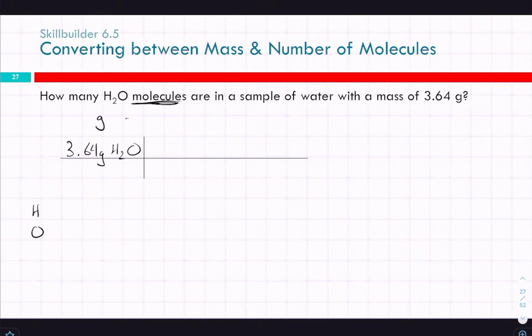Starting with grams, we'll go to moles using grams per mole. Then we can go from moles to, in this case, molecules, with Avogadro's number. So we're going to have 2 hydrogens and 1 oxygen.